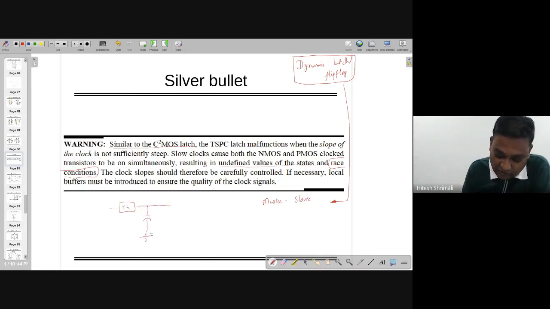Later on you made such a circuit one by one, such that one is operated with the clock, and the next one is operated with the clock bar.